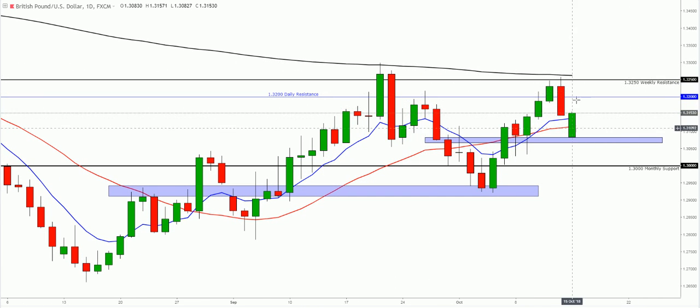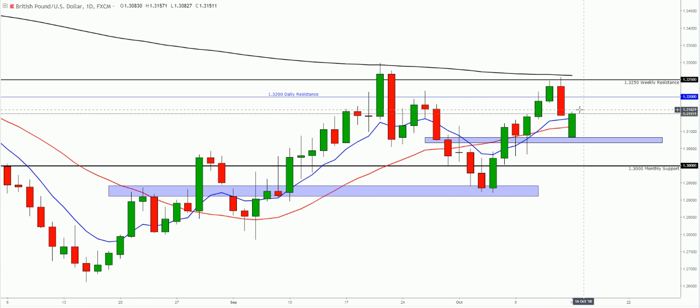Price did the gap down after this bearish engulfing on Friday, sending price all the way to our support level here at 1.3080. But as I've said, price has found support at this level and has kind of taken off from there to the upside.